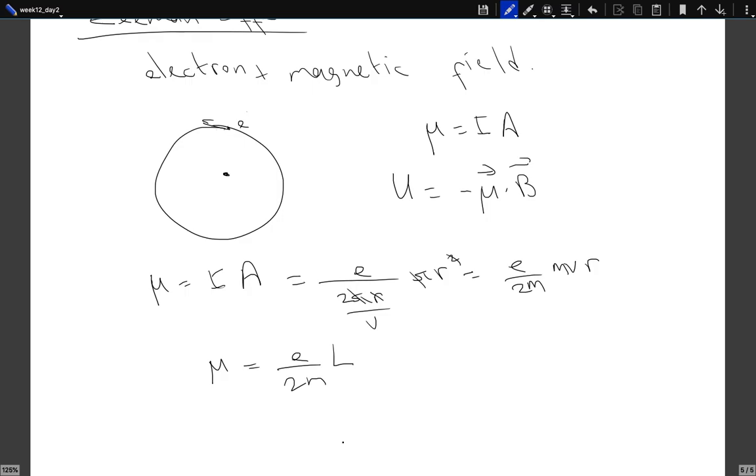It's towards the wall because the charge of the electron is negative. The current is running clockwise, although the electron is orbiting counterclockwise, because its charge is negative. So the magnetic dipole moment in this case is into the screen.